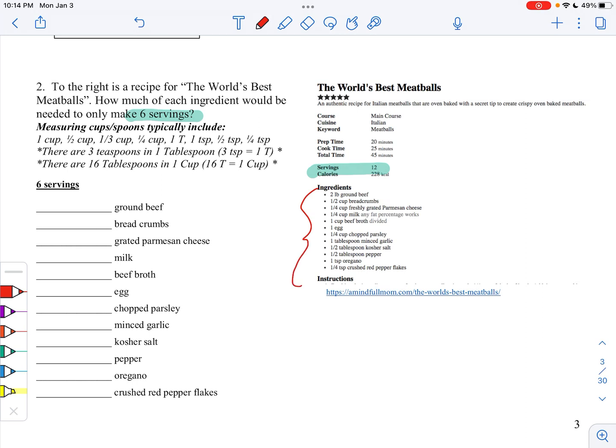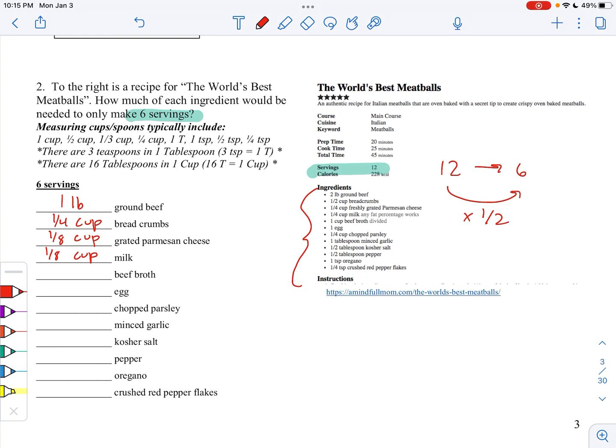Okay, so if I'm trying to go from 12 servings to 6 servings, I'm trying to halve the recipe, or take half of each ingredient. So I need 1 pound of ground beef. I need 1/4 cup of breadcrumbs. I need 1/8 a cup of the Parmesan cheese, 1/8 a cup of milk.